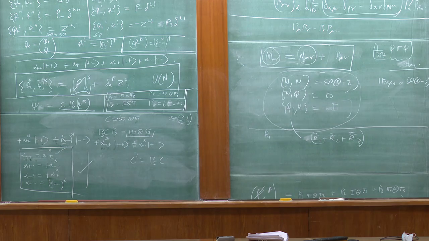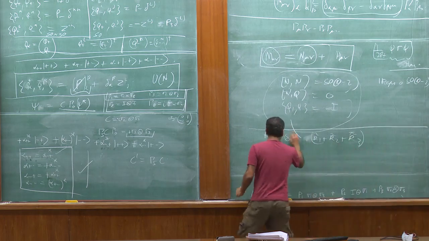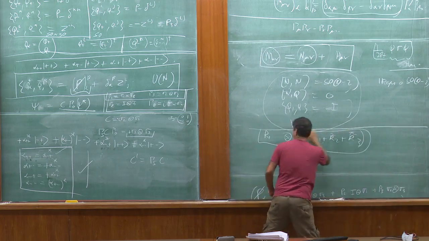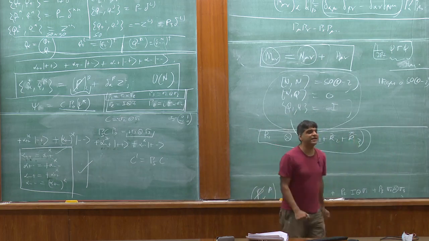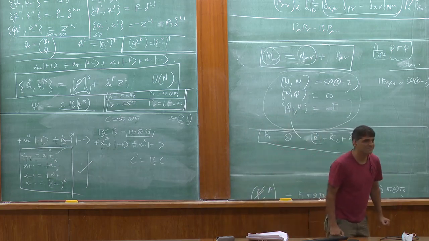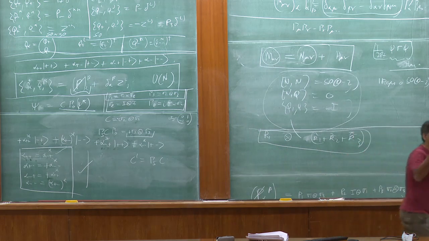That is Clebsch-Gordan fusion of representations. So what we're supposed to do is to take this, tensor this, and decompose the tensor product into irreducible representations of SO(D-2). That will give us the representation content under M. Is this clear?